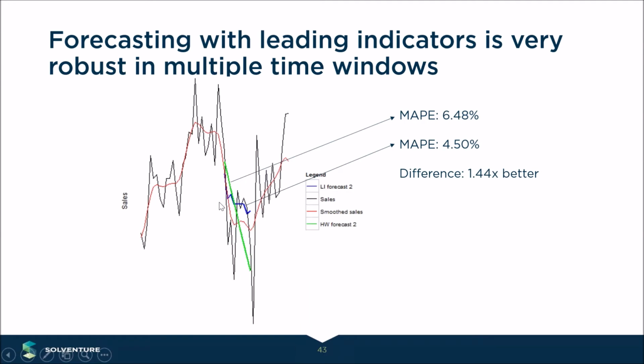If we look at the straight part here, where we have a couple of months where the sales is going down, you see that the difference in forecast accuracy is less, and that's fine. Our ambition is to say that with the leading indicators, we want to be able to better turn the corners. If you're on a straight piece of the sales curve, it needs to be as accurate as a traditional forecast.